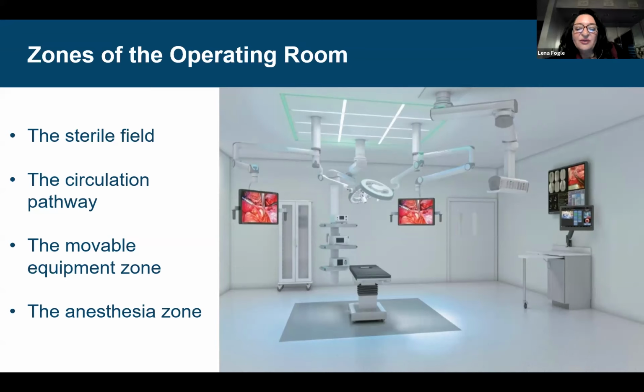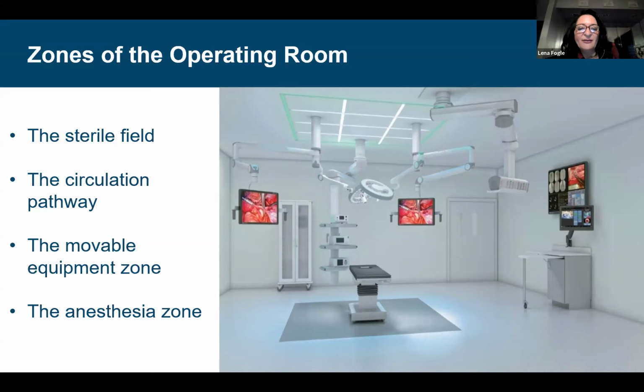It should accommodate the movement of two people in sterile attire and allow them to meet and pass each other without touching. So this is beyond the surgical field and onto the circulation pathway of your sterile personnel, right? And the movable equipment zone includes any equipment not needed in close proximity to the sterile zone, like garbage cans, case carts, etc.